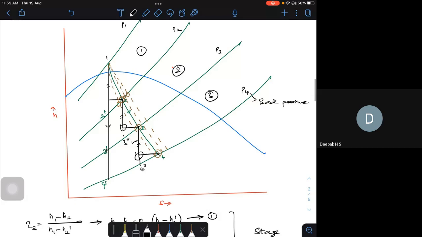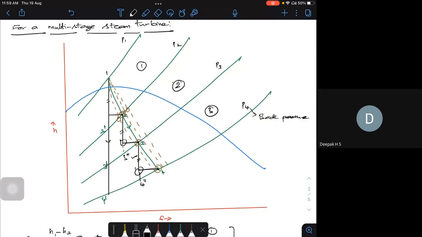if I go for an isentropic multiple stage, the path followed by 1 to 2 dash, and then come like this, go like this, so this path is more compared to a single isentropic path.